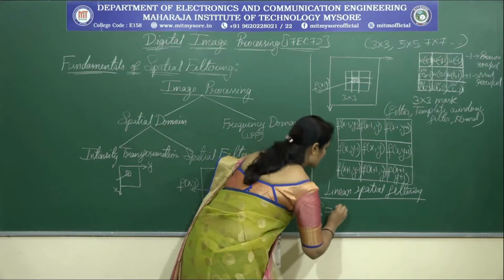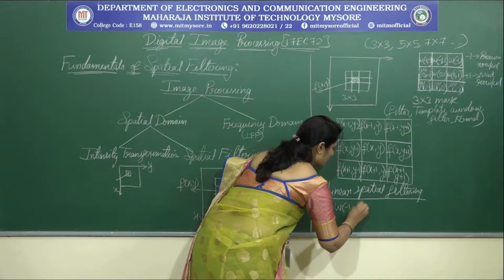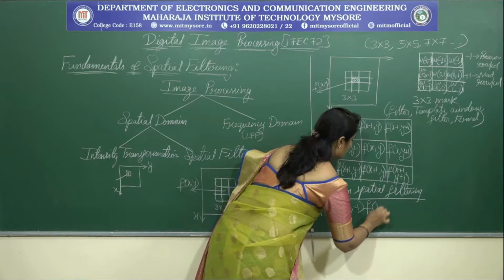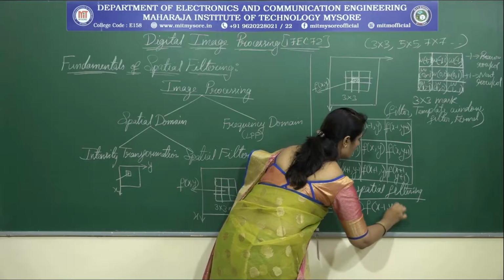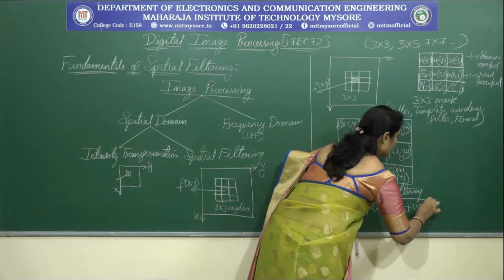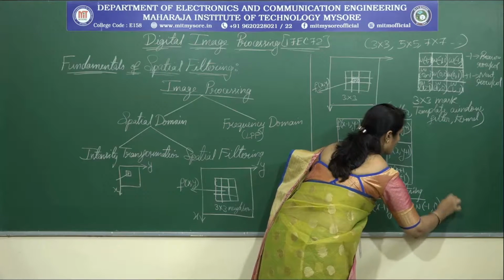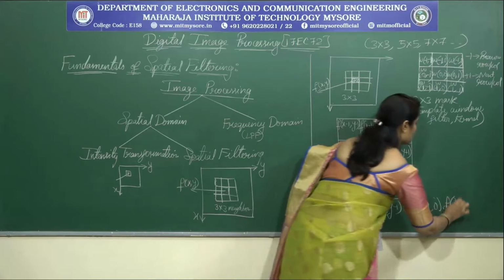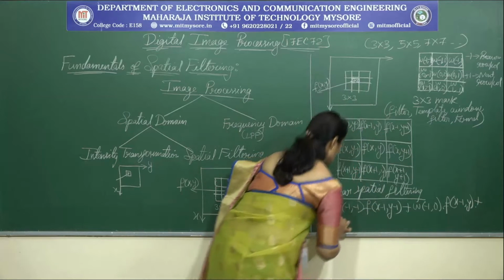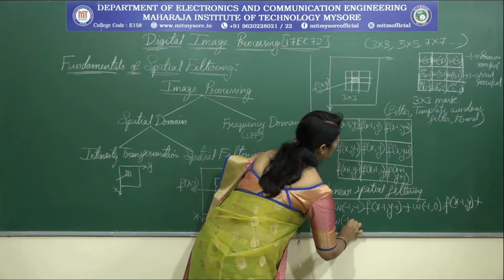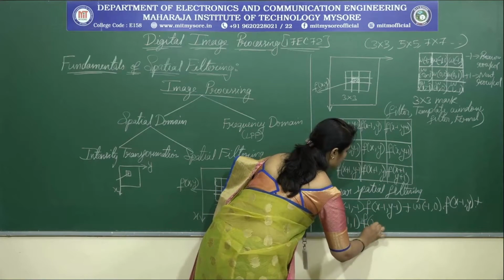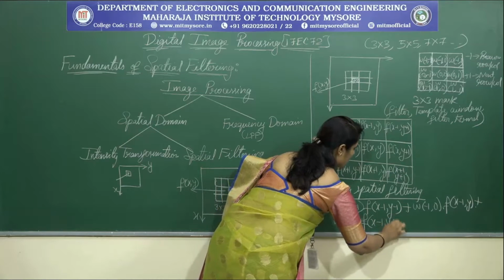So R is equal to W of minus 1 comma minus 1 into f of x minus 1 comma y minus 1, plus W of minus 1 comma 0 into f of x minus 1 comma y, plus W of minus 1 comma 1 into f of x minus 1 comma y plus 1.